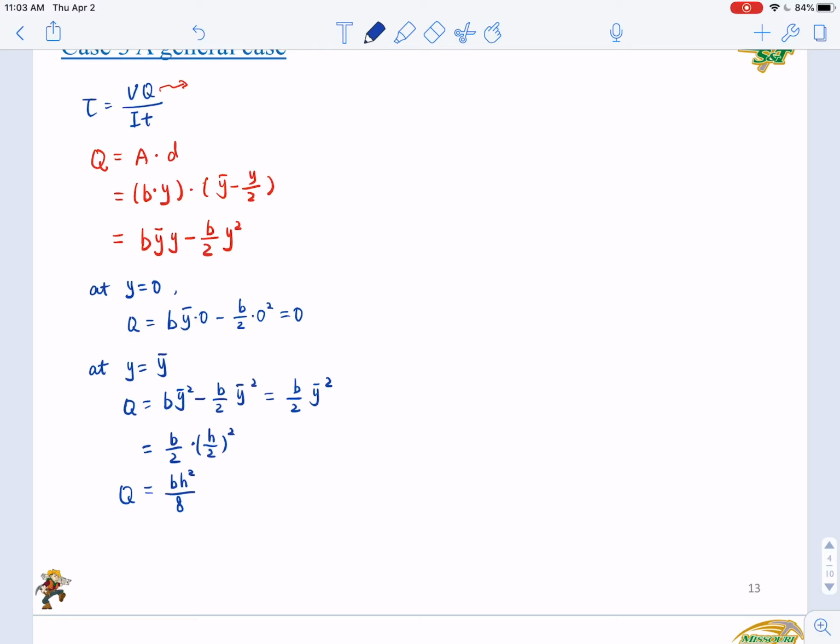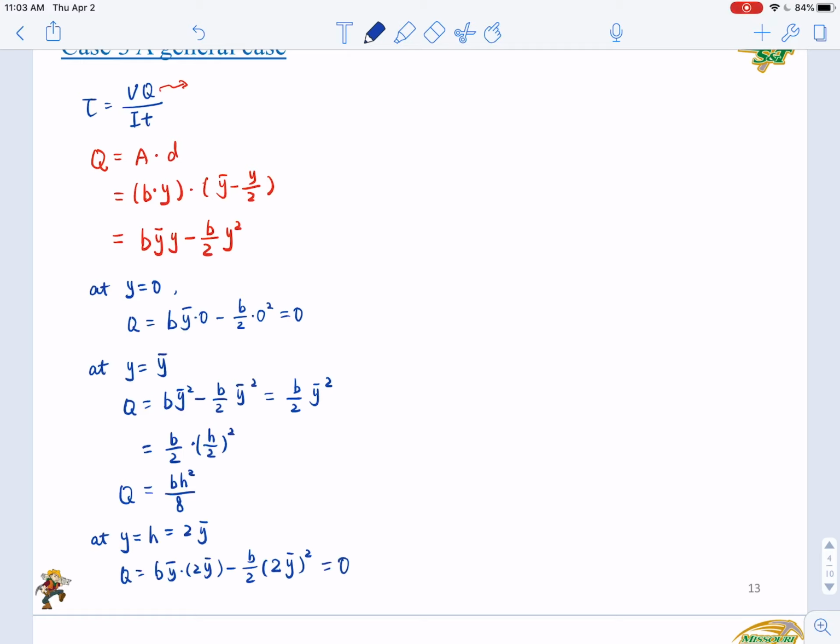Right? Then how about at Y equals H, or 2 times Y bar? That is at the bottom. Right? At the bottom. Then based on the equation, the Q equals B Y bar by 2 Y bar minus B over 2 Y bar square.